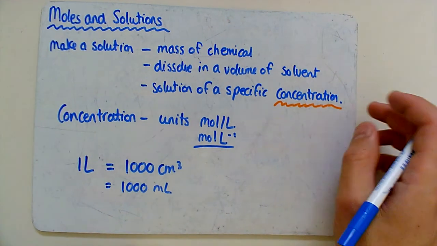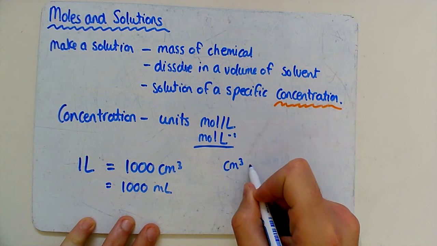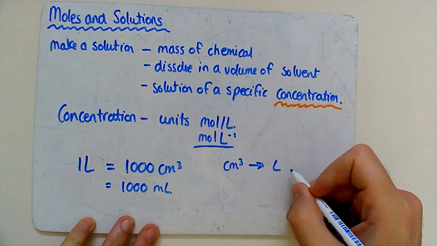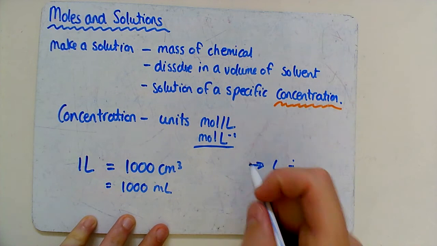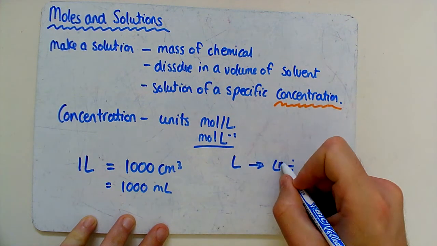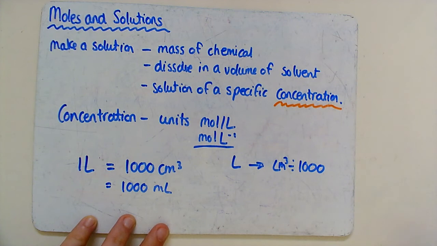And the thing is, to convert centimetres cubed into litres, you divide: litres is centimetres cubed divided by 1,000.